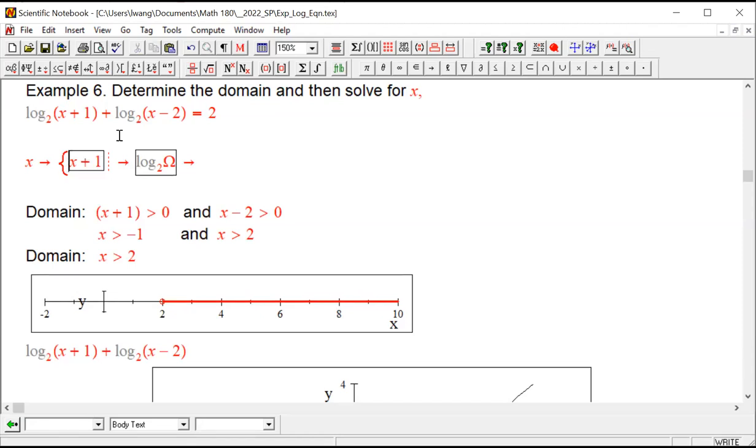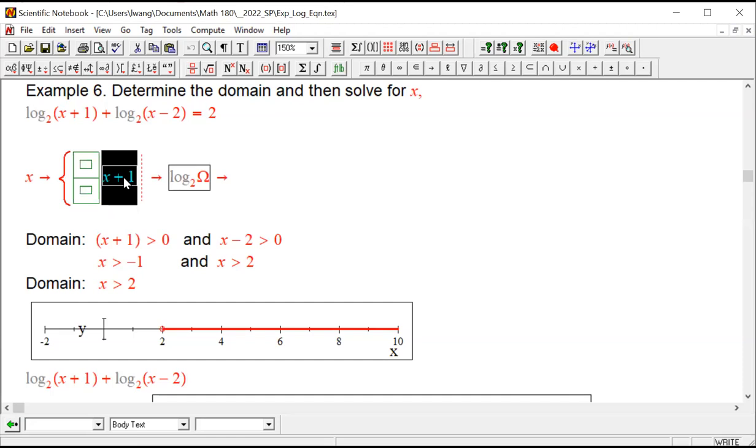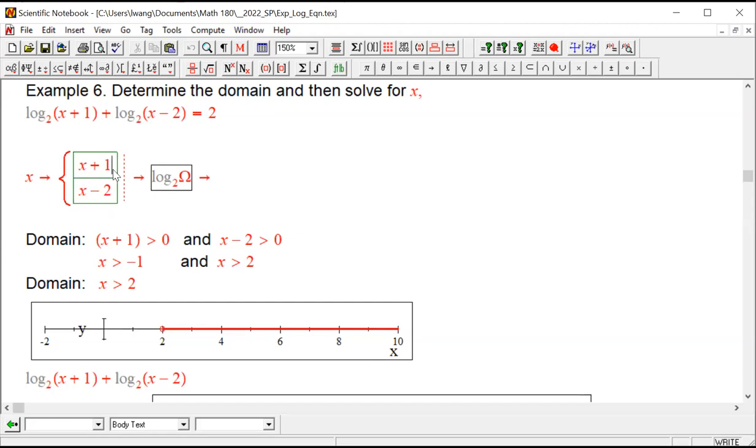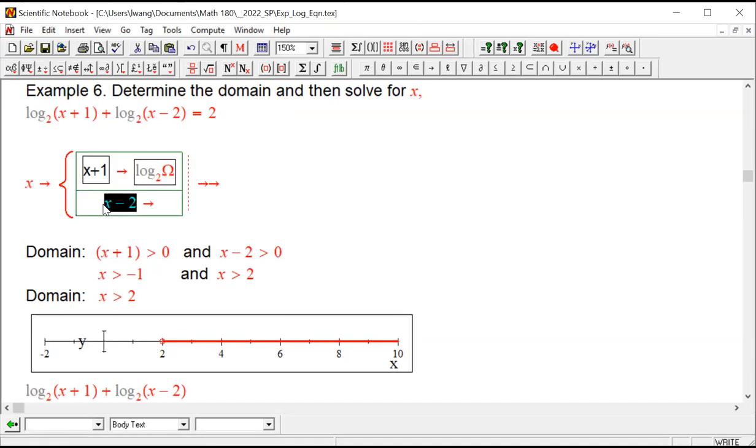And over here, I'm going to have 2 branches. Just like that. So one is x plus 1, and one is x minus 2. The input will be given to x plus 1 and then we do a logarithm. And this piece will be doing the logarithm too.